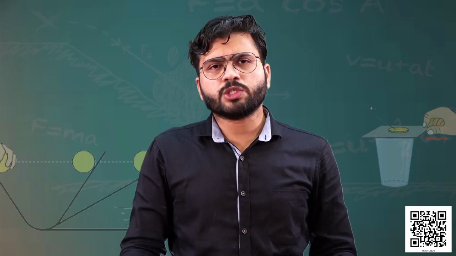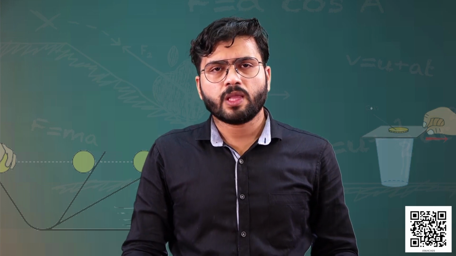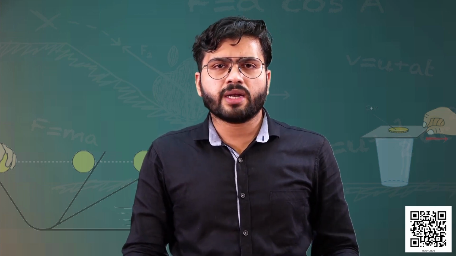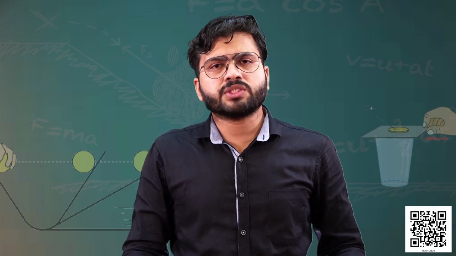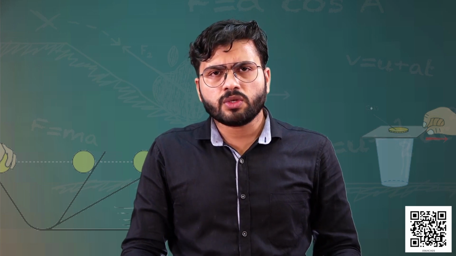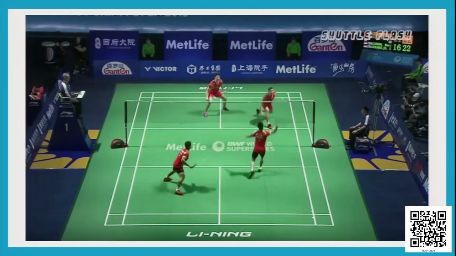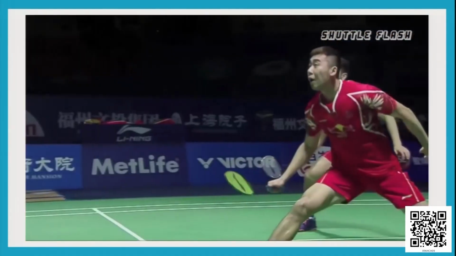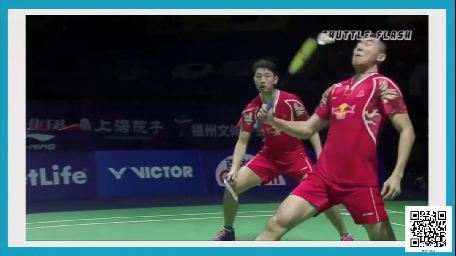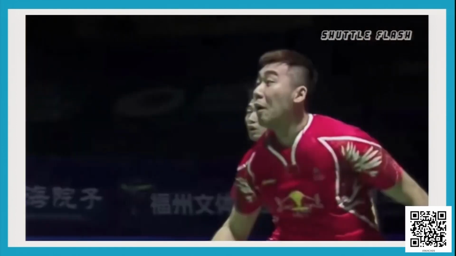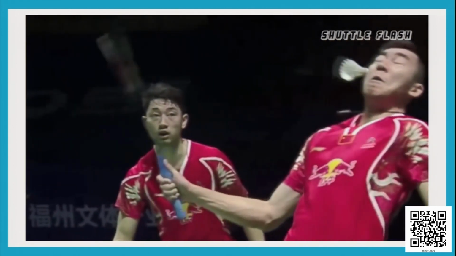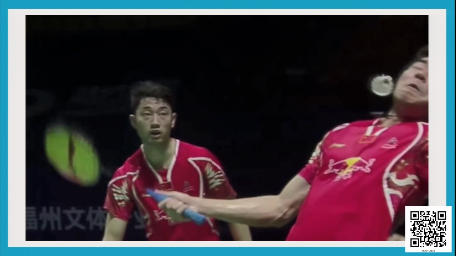Similarly, I will show you some other situations where we can compare how the impact changes with the change of the mass of the object and velocity of the object. So let's watch one such. Here you watch it and tell me what will happen if a shuttle strikes the face of a badminton player.